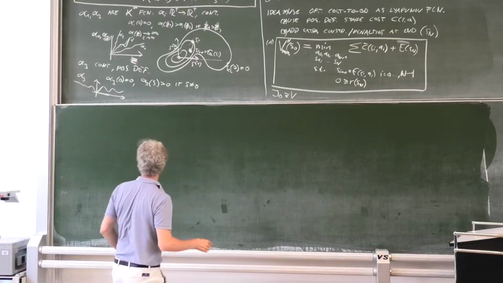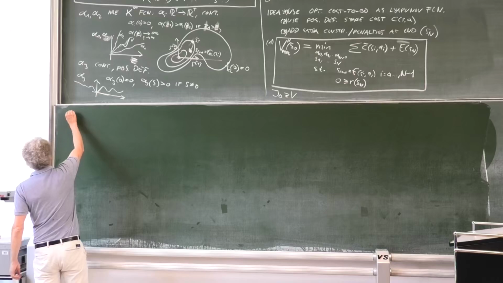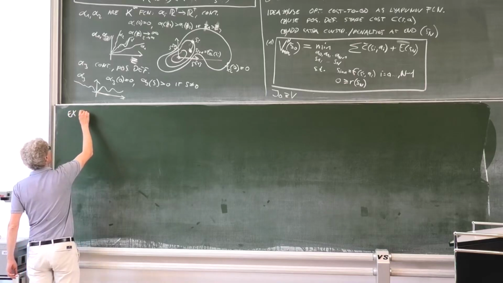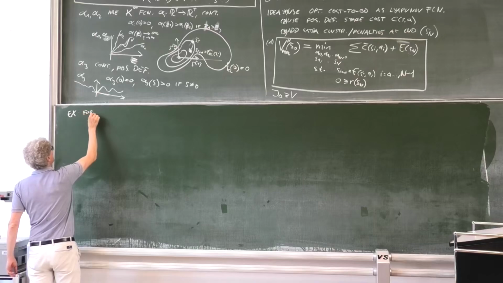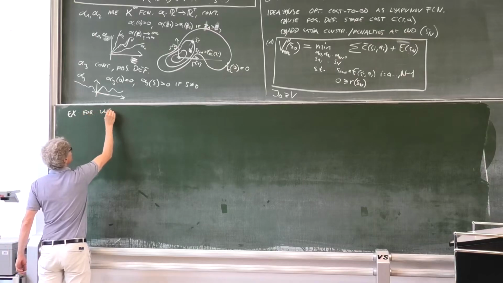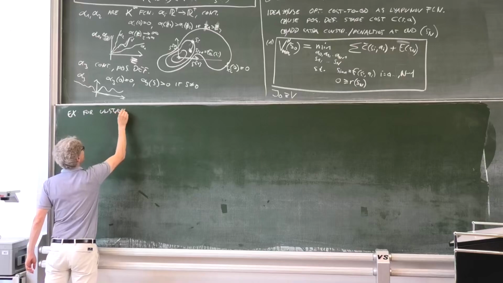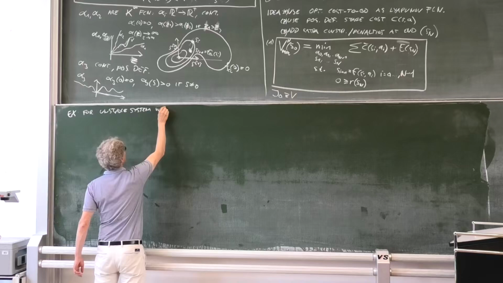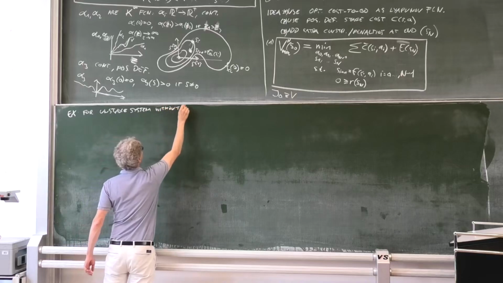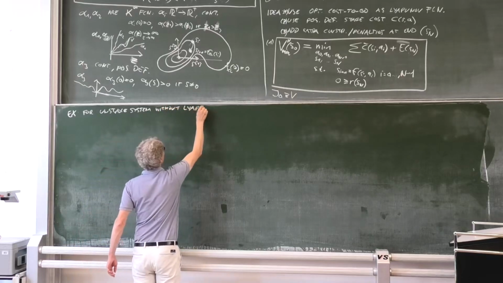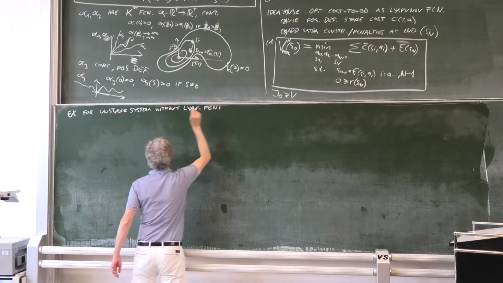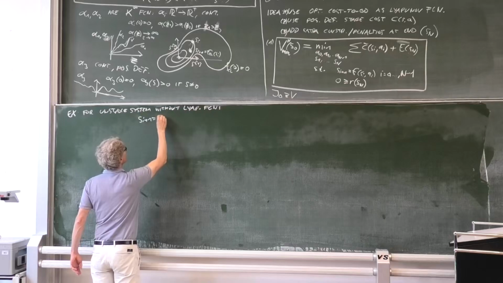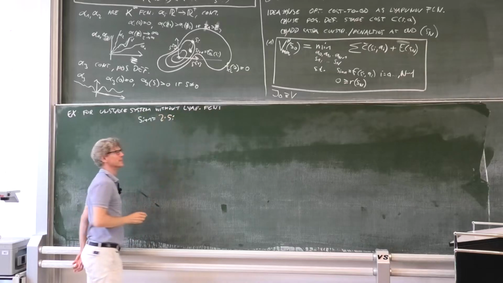Okay, maybe this example is just for an unstable system without a Lyapunov function. And this is just, for example, s plus 1 is equal to 2 times s.